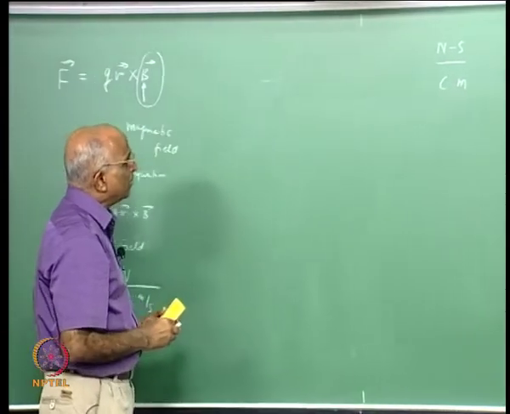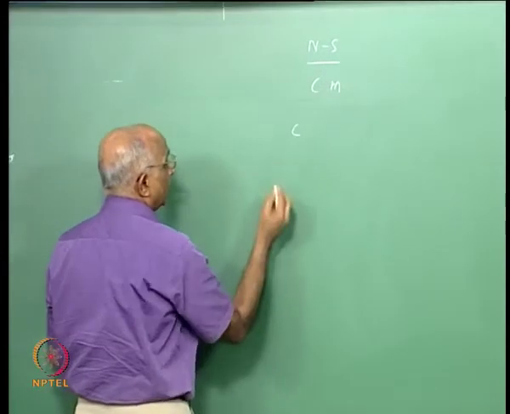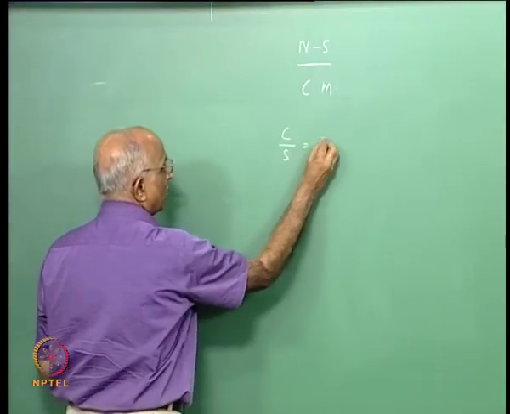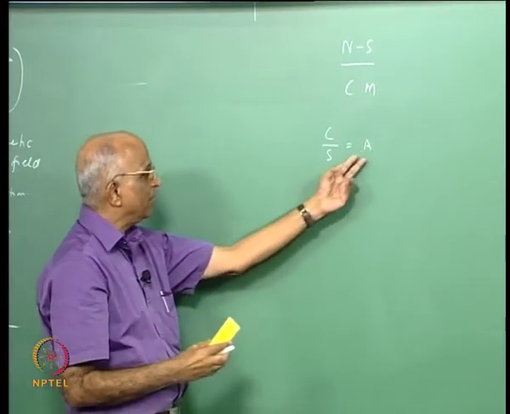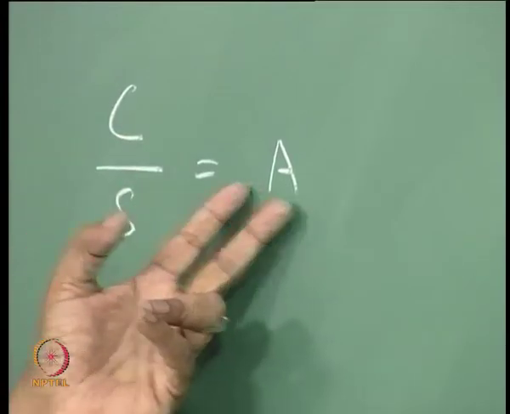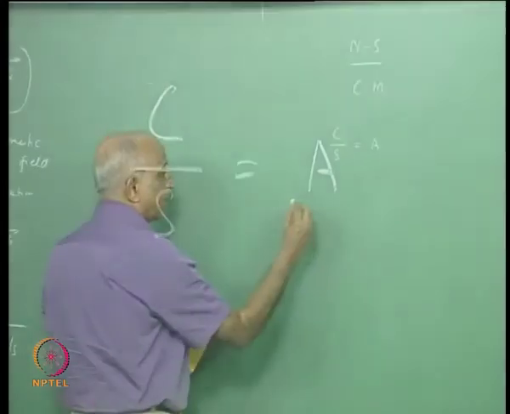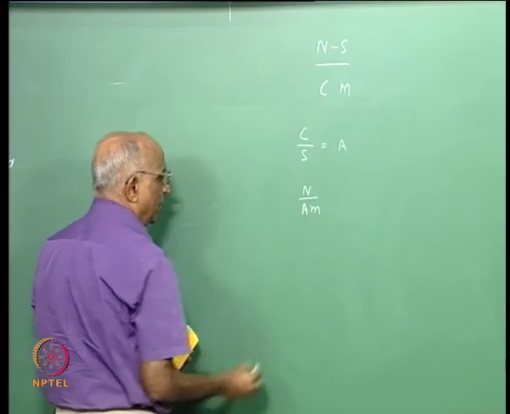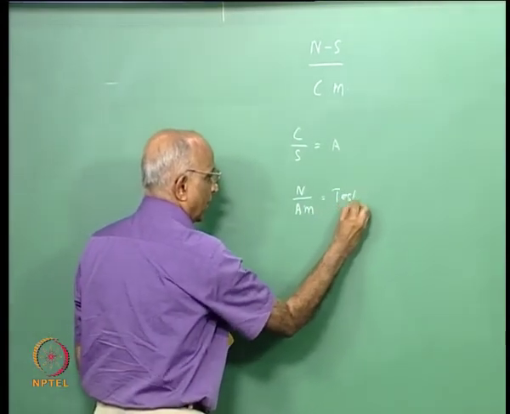Can I put it in terms of something? I find that Coulomb is charge, second is time, Coulomb per unit time is current, ampere. And how is ampere defined? Ampere is the current, which is dq by dt, charge per unit time, and therefore I can write it as Newton per ampere meter, and Newton per ampere meter is called Tesla.